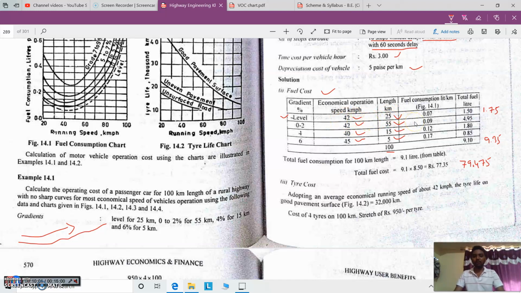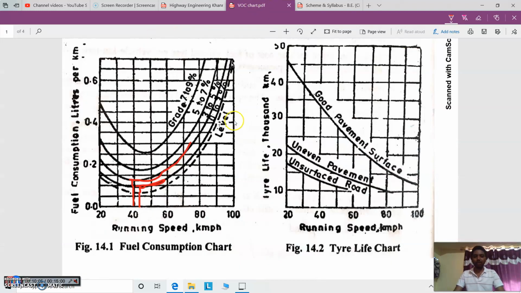So how much is the fuel consumption for this particular 42 kmph? The same is given here. When you erect the same thing to the y-axis in the same graph, figure 14.1, with the scale 0, 0.1, 0.2, 0.3, 0.4, once you reach this point it is 0.07, right?